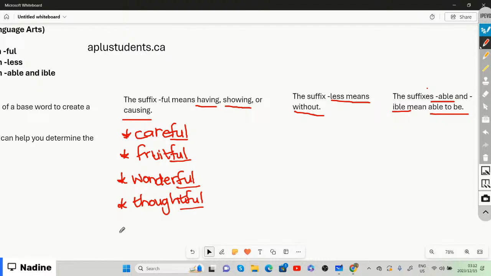And then we also have dreadful, like having lots of dread or showing dread or full of dread, or terrible. These are but a few examples of words that end with full.